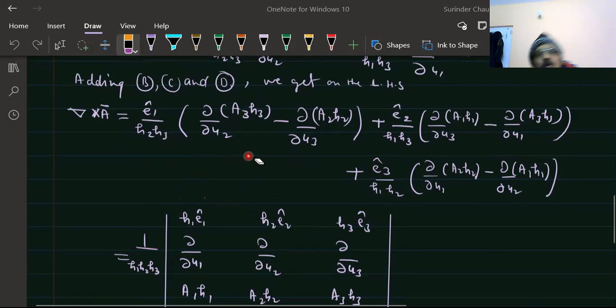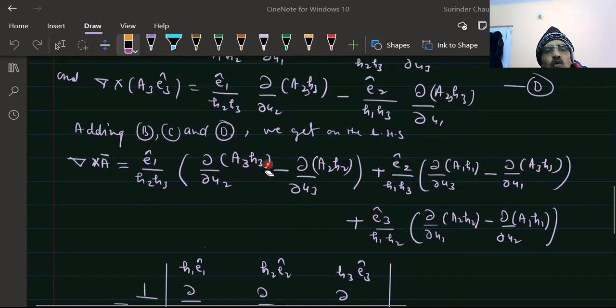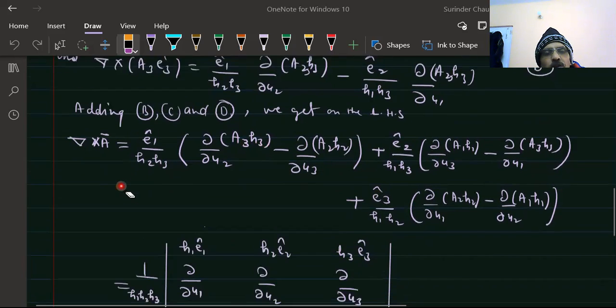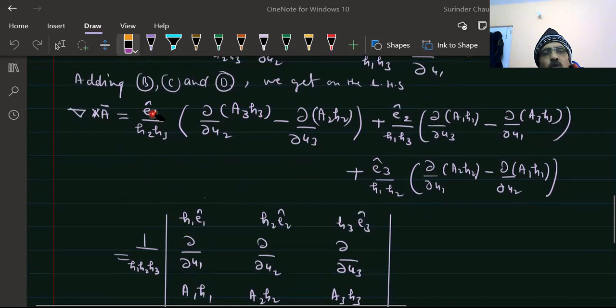Now convert it into determinant form. In order to remember this result, the curl of a vector is equal to 1 upon h1 h2 h3 times the determinant whose first row is h1 e1, h2 e2, h3 e3.